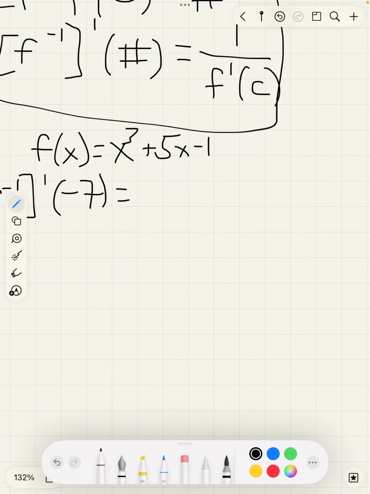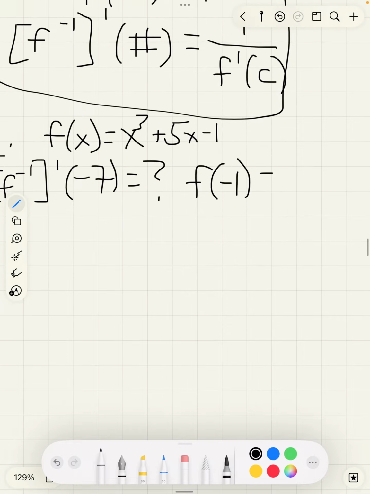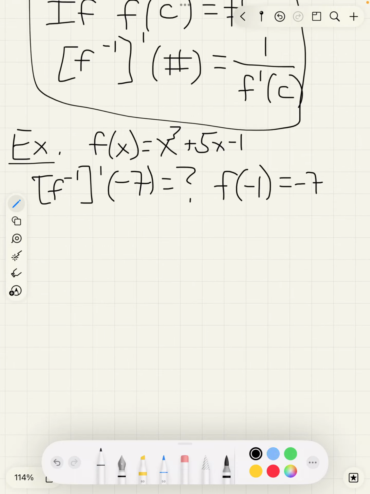And let's say we're also given that f of -1 is -7. To work this one, I do not need to find f inverse. All I actually need is f prime, and I can get f prime just by using my power rule.